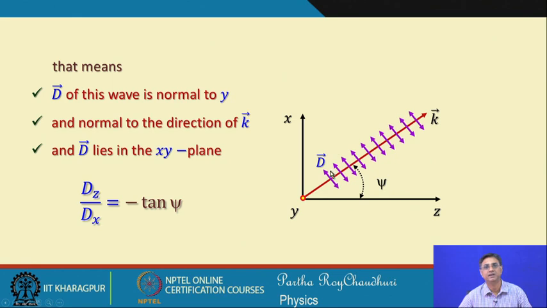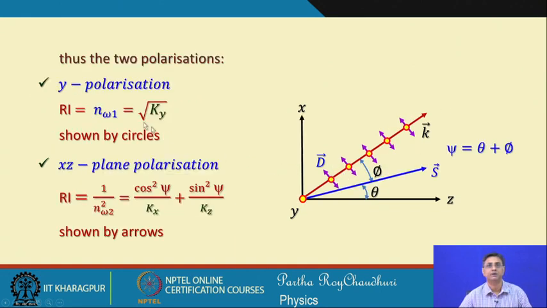So, dx by dz will give you this value of minus tan psi. So, the displacement vectors are inclined at an angle of psi with the direction of propagation of the wave. So, for y polarized wave, you have a very specific case that it is directed along the y direction, but for the other polarization which is in the x z plane. So, the yellow circles and these arrows denote the two polarizations corresponding to the two refractive indices seen by this wave.